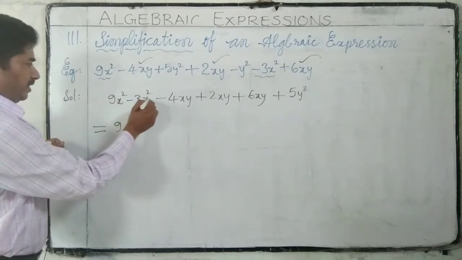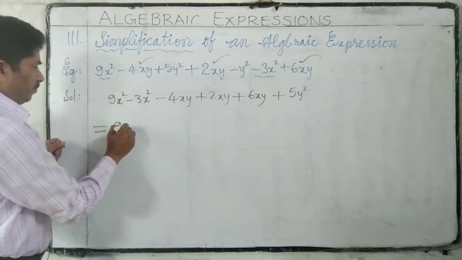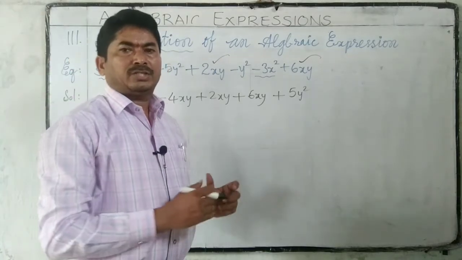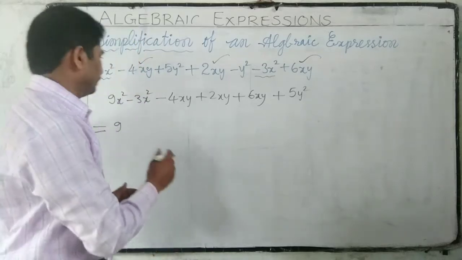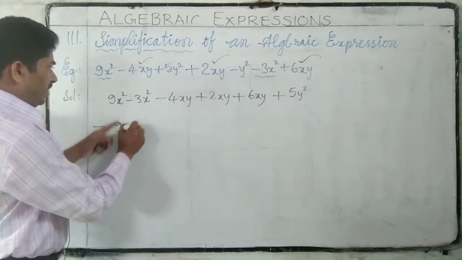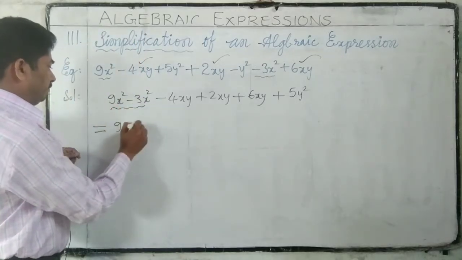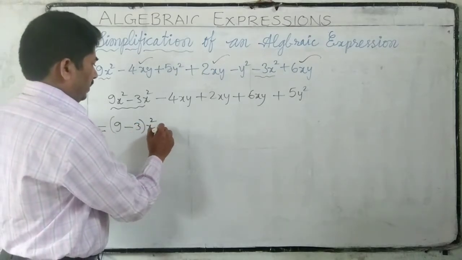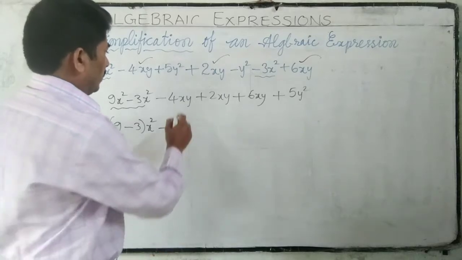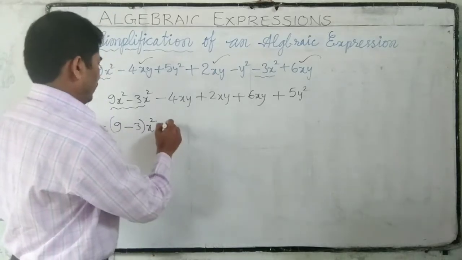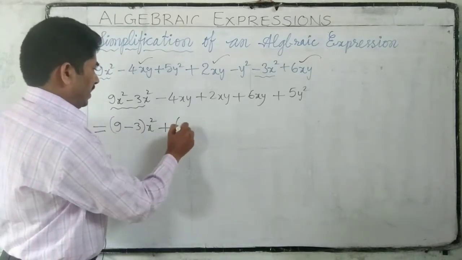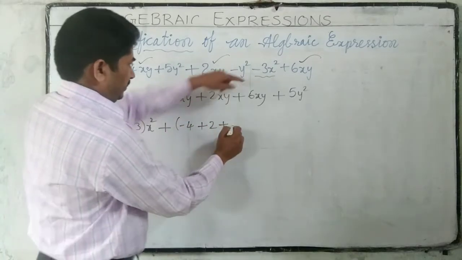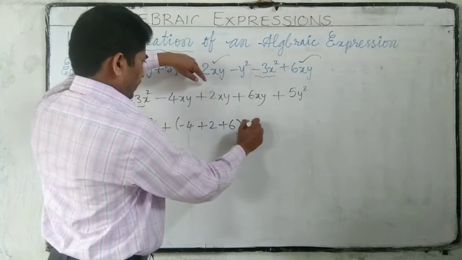9x square minus 3x square. Now we have to add or subtract. 9 minus 3, x square. Then minus 4 plus 2 plus 6, xy is common.